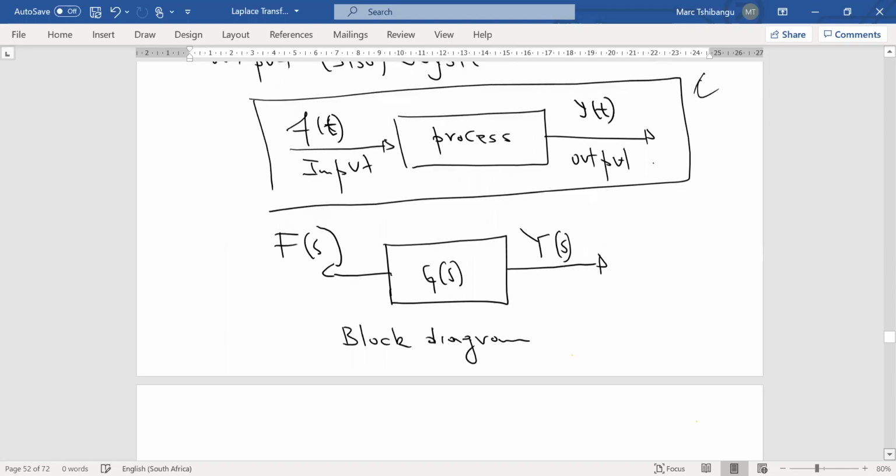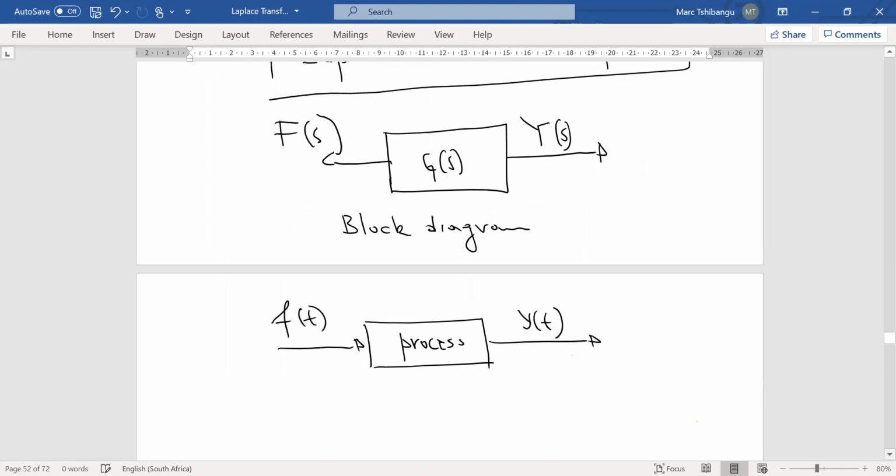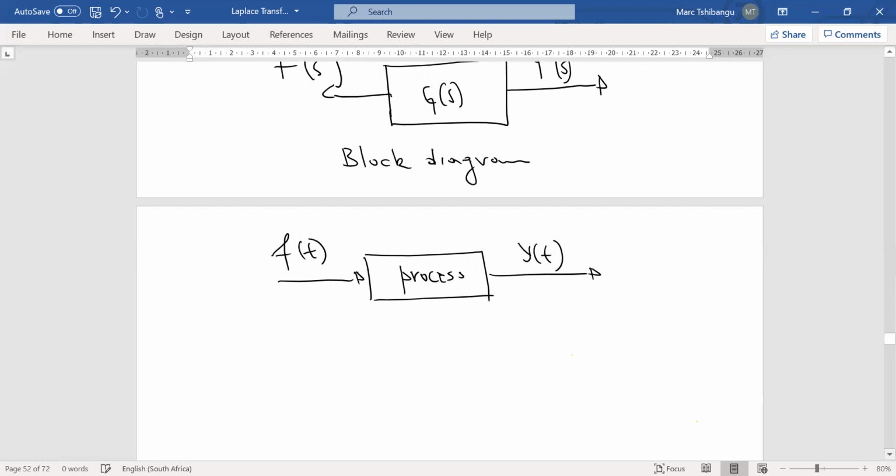Just an introduction. Let's consider our process, which has an output, y of t, and an input, F of t. Let's assume that our process is described by an n-th order linear differential equation.